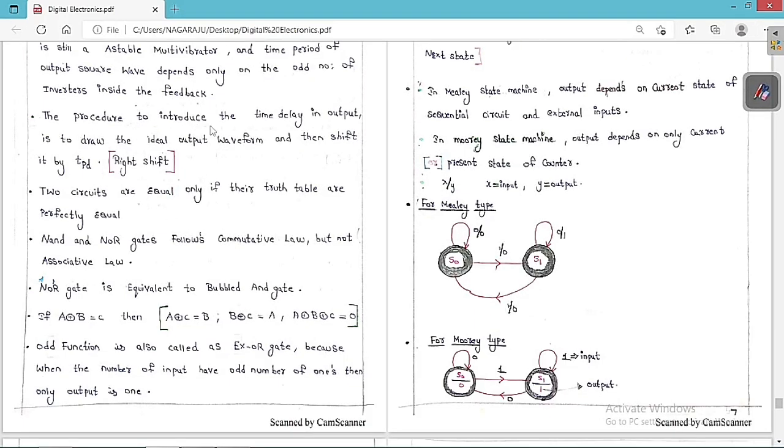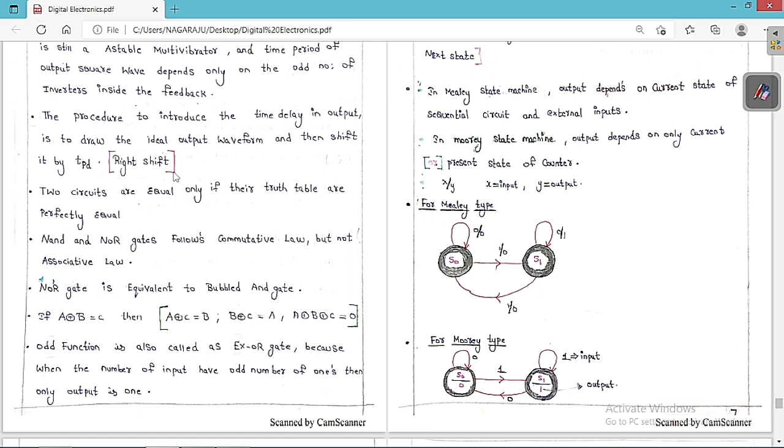The procedure to introduce the time delay in output is to draw the ideal output waveform and then shift it by TPD, which is a right shift. Suppose you want to draw the delay in the output: first you have to draw the ideal output waveform, and then you have to shift the signal to the right by a small amount, TPD.